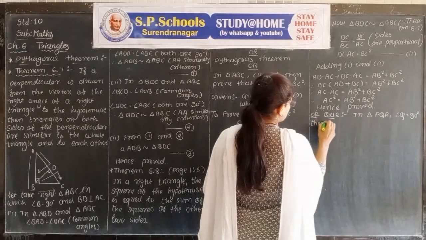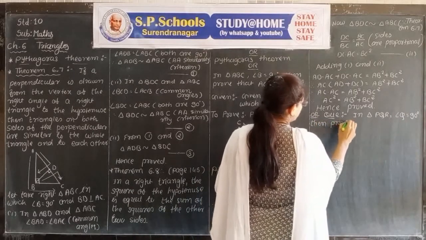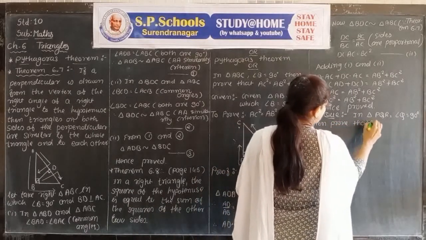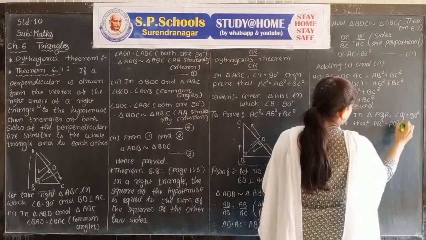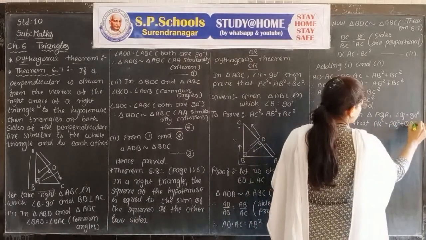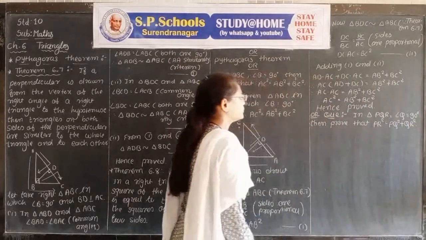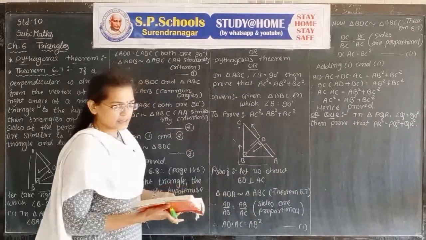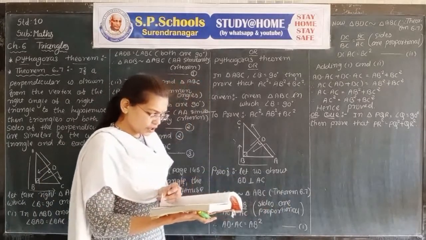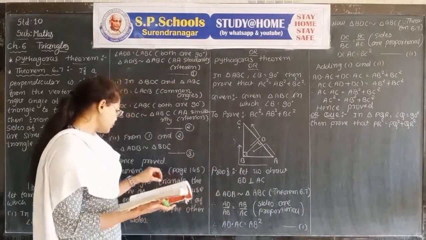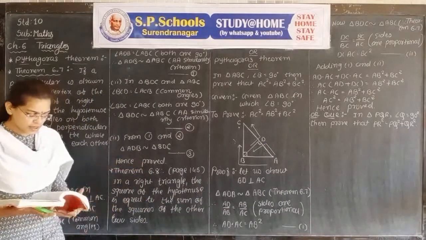Then prove that PR square is equal to PQ square plus QR square. Now the proof of theorem 6.8, the most important Pythagoras theorem, is completed.